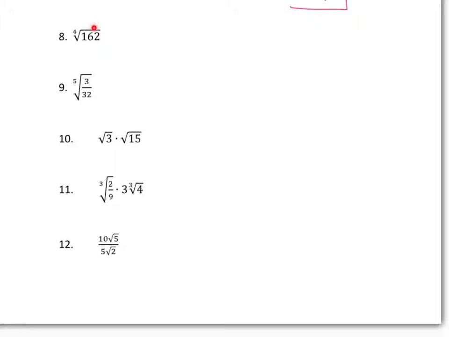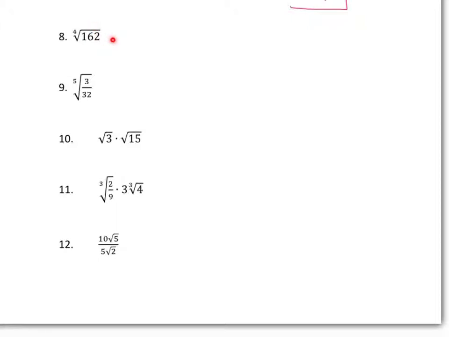All right, what we have to do is start breaking that down and figure out what perfect fourth roots are in there. Well, I suggest we start with 2, right? 2 to the fourth is 16. Does 16 go perfectly into 162? No, it doesn't. So let's try 3 to the fourth. 3 to the fourth, you can type in your calculator if you don't know it, is 81. Does 81 go perfectly in there?